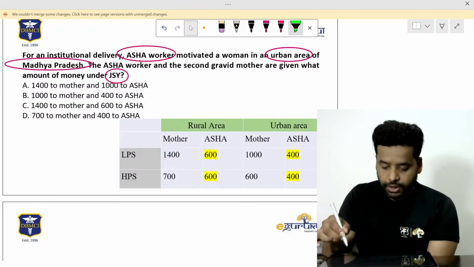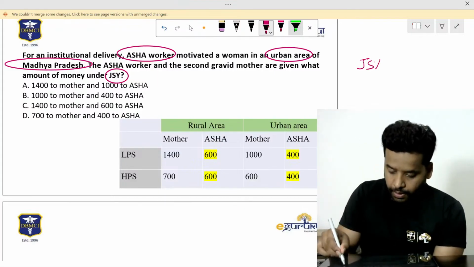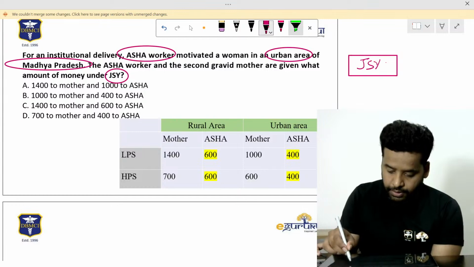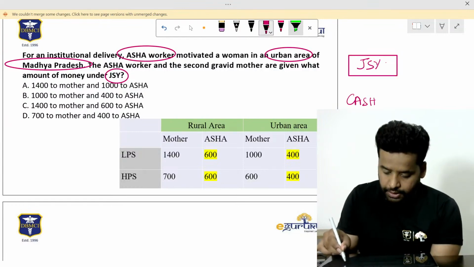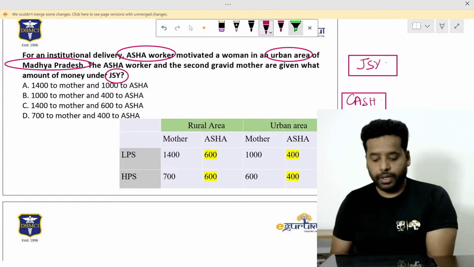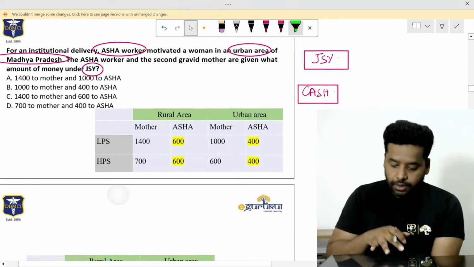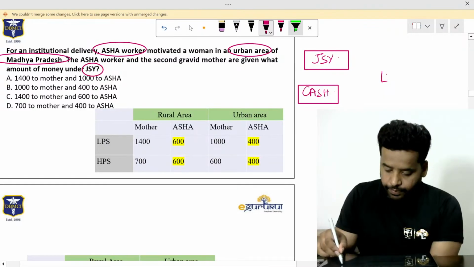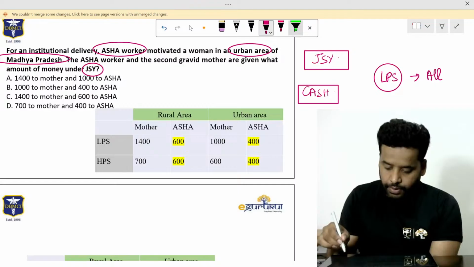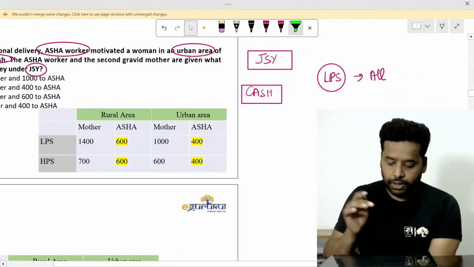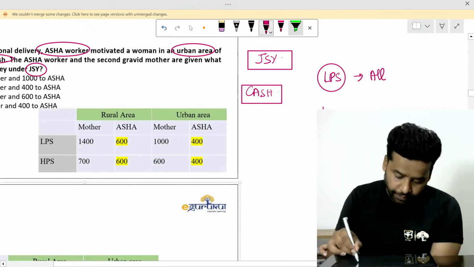So Janani Suraksha Yojana is giving cash incentives for pregnant women and ASHA workers. In low performing states, all the pregnant women will be given incentives. In high performing states, below poverty line, BPL pregnant women will be given incentives.